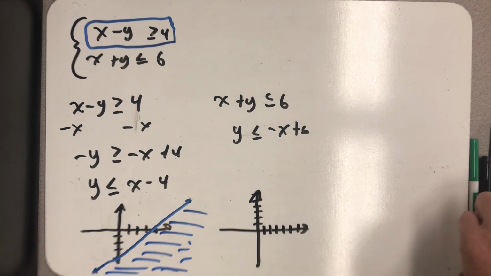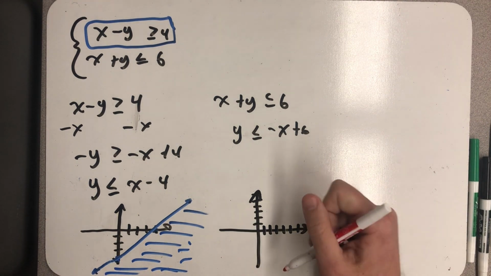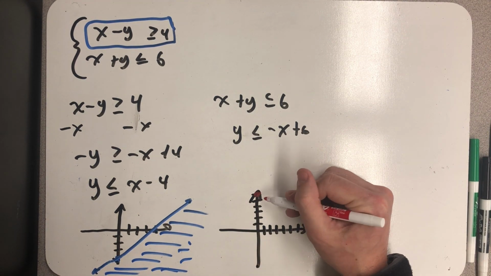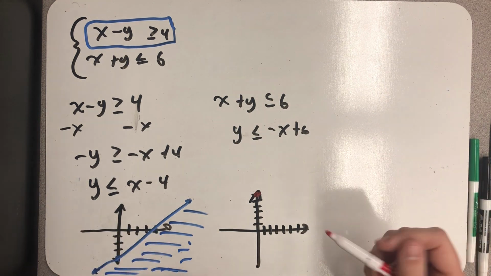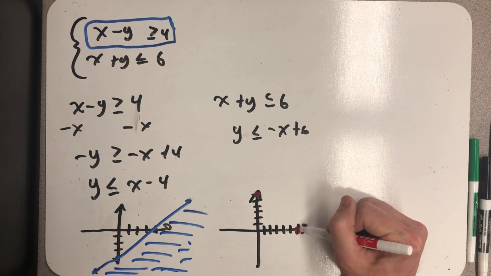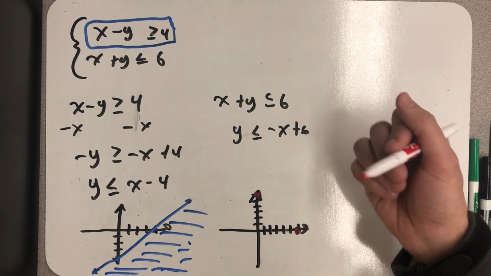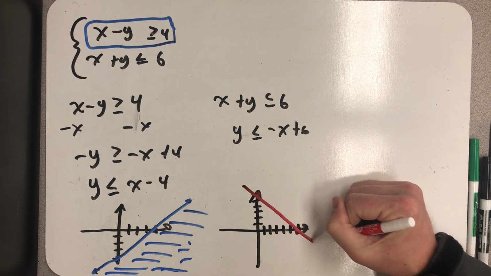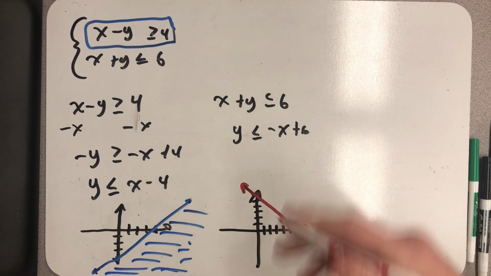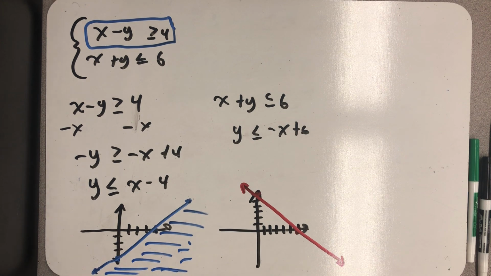Another line here, with a y-intercept of 6. Excuse me, a line with a slope of minus 1 this time. But I'm going to use the other intercept. Excuse me, the x-intercept, the other intercept. This is where I should edit something like that out, but we're just going to let it ride.